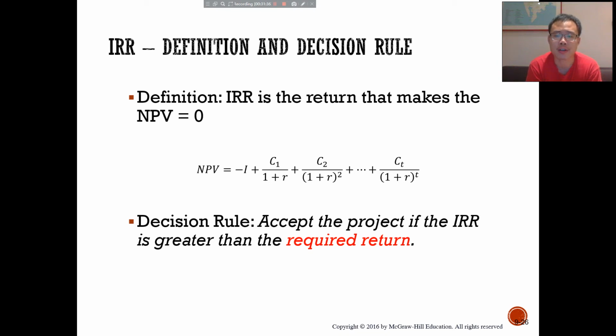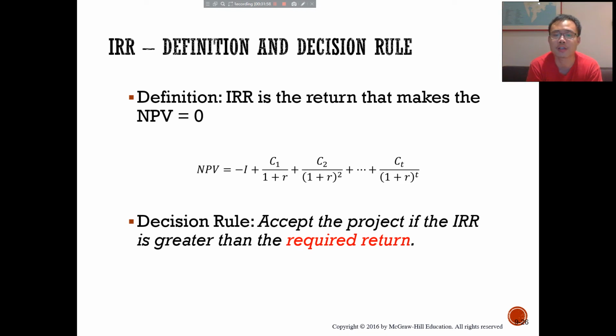When IRR is getting higher, that is when R is getting higher in this formula, we know that NPV is getting lower, right?